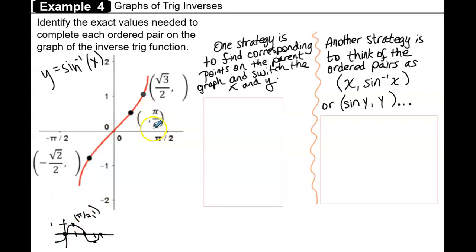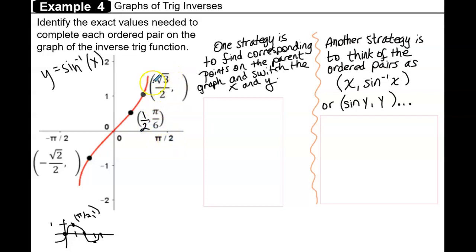So the sine of pi over 6 is, if you're using your left hand first quadrant trick, you bend your pointer finger, and the sine of pi over 6 is 1/2. So switching the x and y, I would get 1/2, pi over 6.